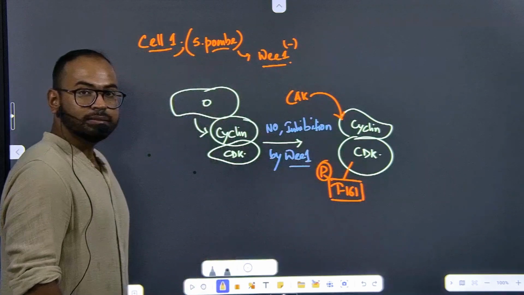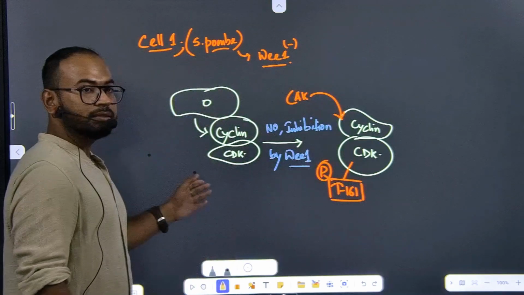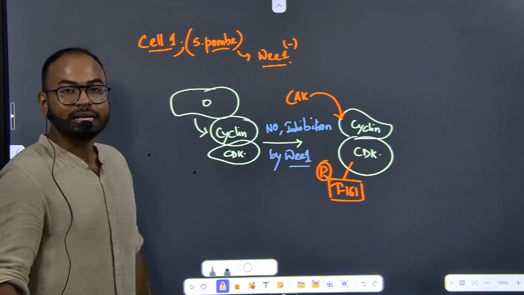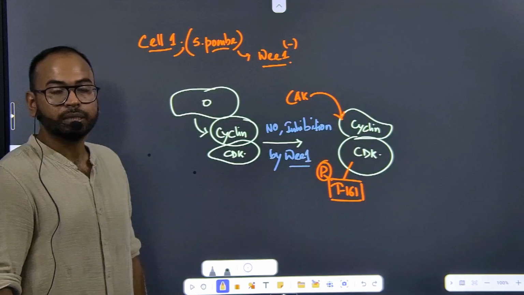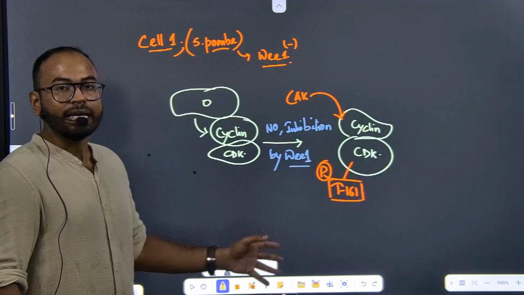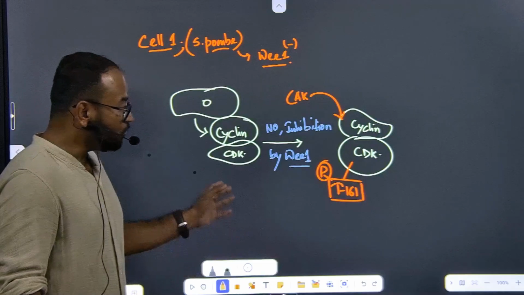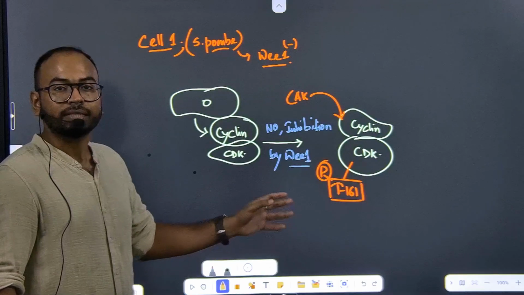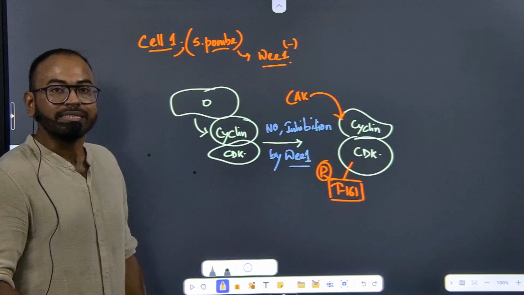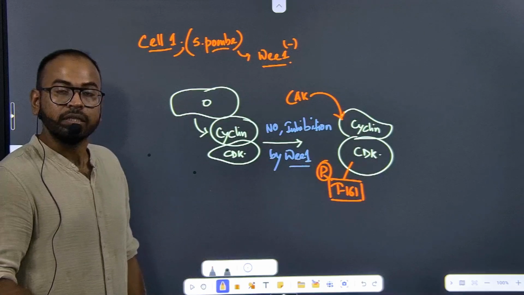And as there is no inhibition by V1 at tyrosine 15, CAK, by phosphorylating threonine 161, will readily promote the cell for division.